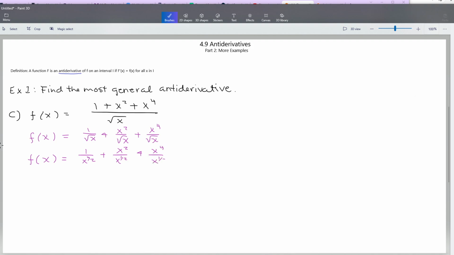And then we can use our exponent rules to simplify each one of these. So this is x to the negative 1/2 plus x to the 4/2 minus 1/2 is 3/2. And here I have 8/2 minus 1/2 is 7/2.